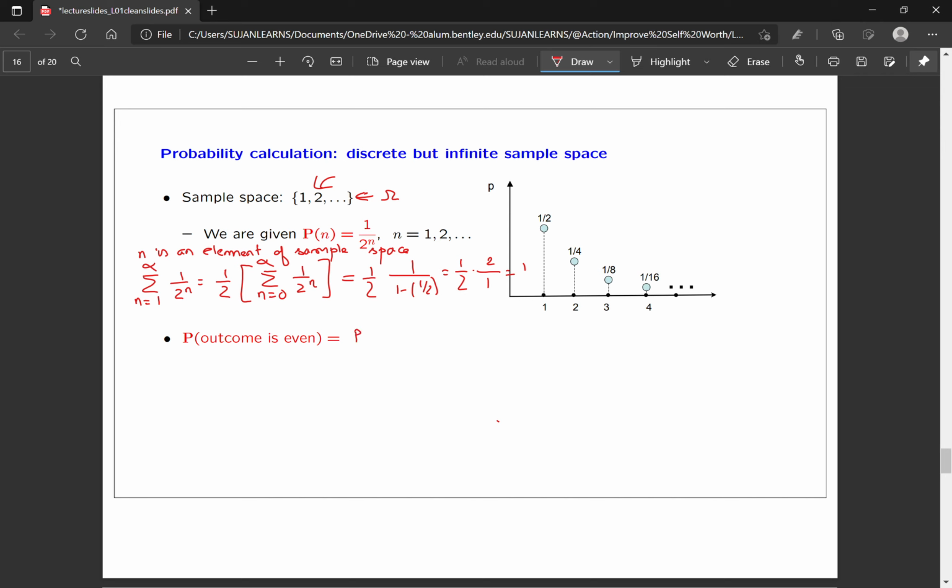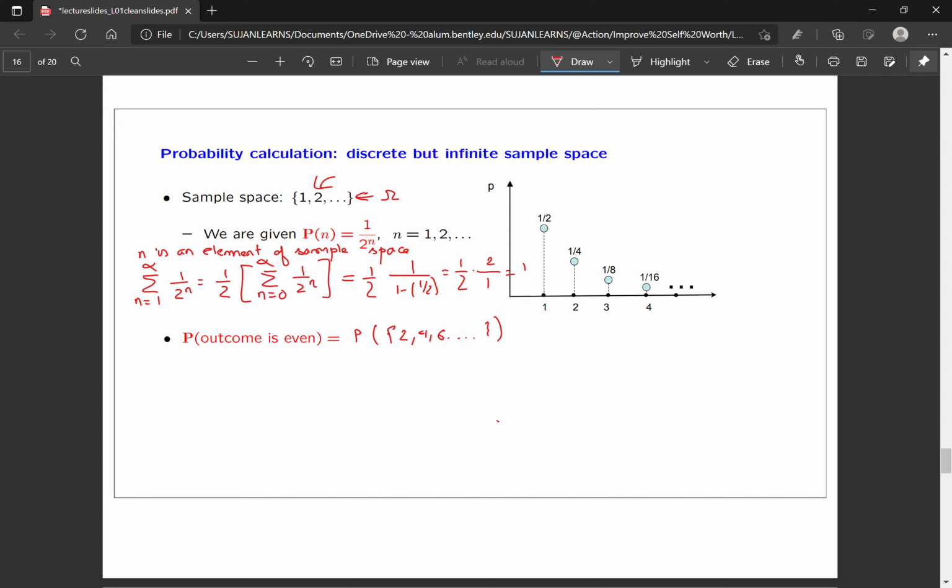To say it mathematically, the outcome is even, meaning we get a head after 2 tosses, 4 tosses, 6 tosses, etc. to infinity. That is the event we are talking about.